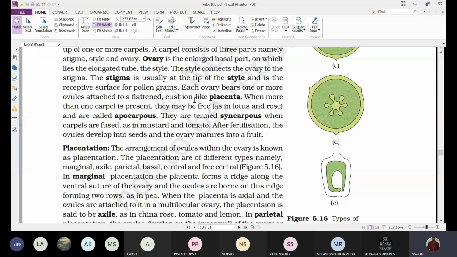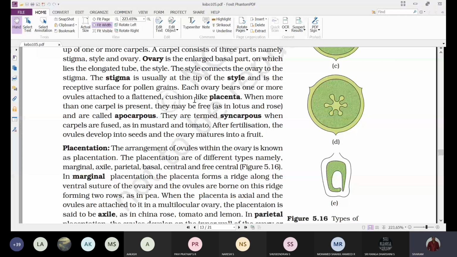The ovary of this lady's finger, Abelmoschus esculentus, shows chambers just like the fruit. So this indicates that this ovary is formed by the fusion of 4 or 5 carpels.